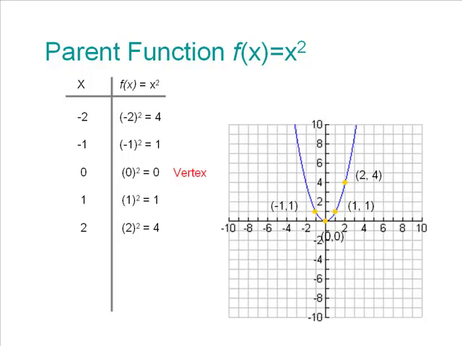We have -1, 1, and -2, 4. This is going to serve as our parent function, or our fundamental parabola, and from this parabola, we're going to graph all other parabolas.